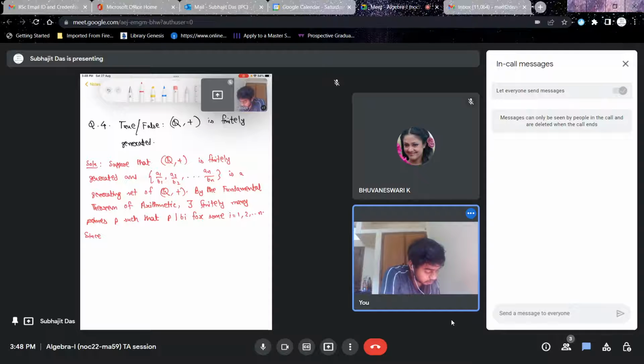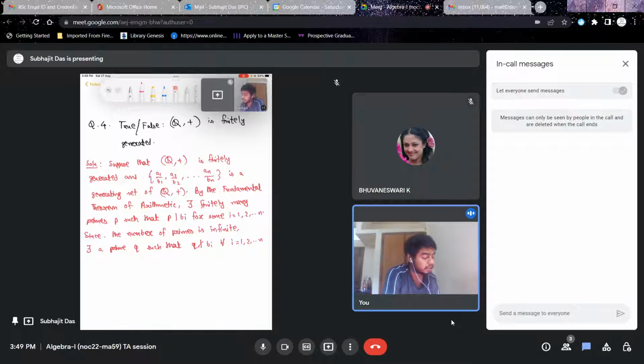Since the number of primes is infinite, a very well established fact, Euclid's theorem, the infinitude of primes, there exists a prime, let's say q, such that q doesn't divide any Bi for all i from 1 to n.